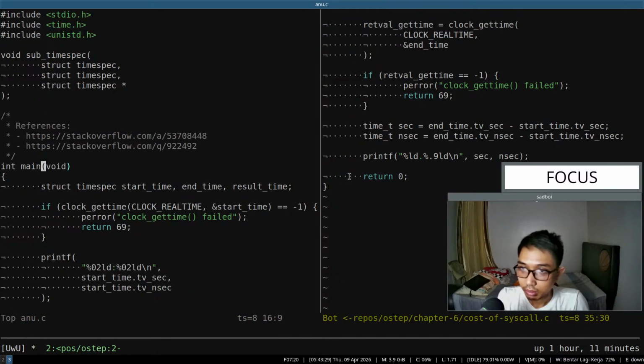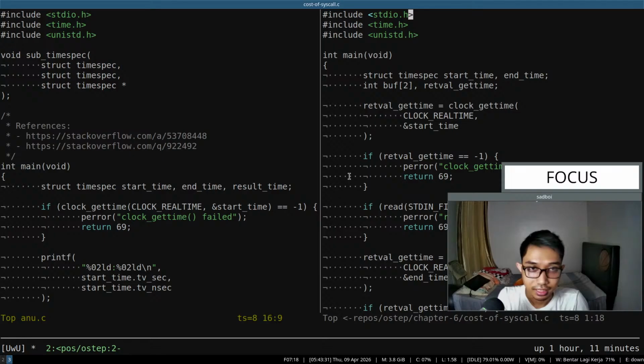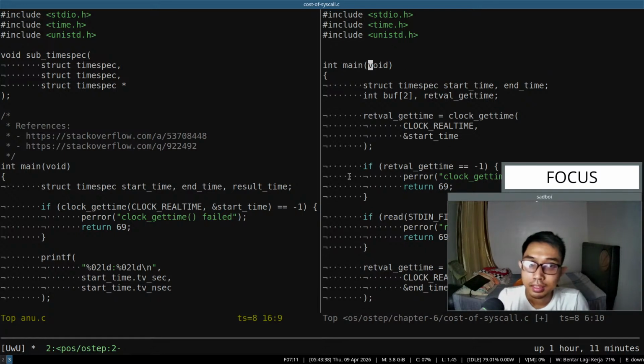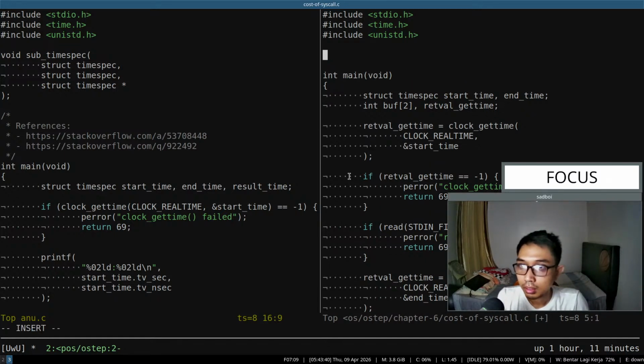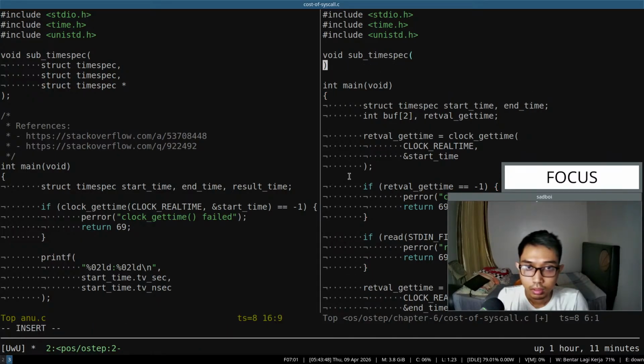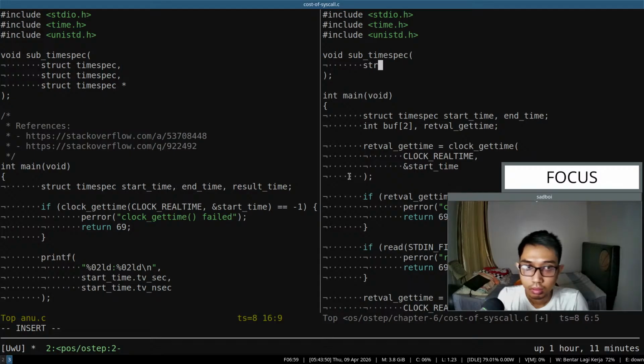Okay, maybe we should add a function there. Stop times back, okay.